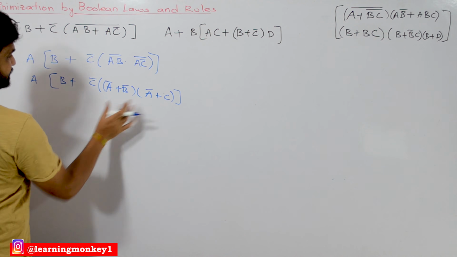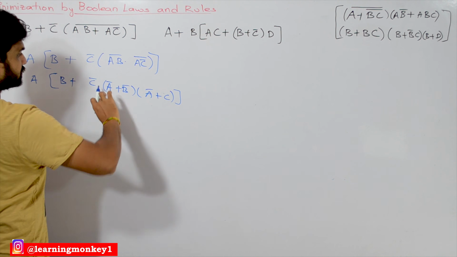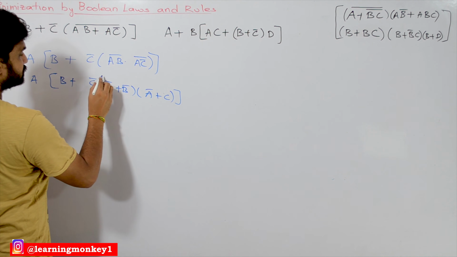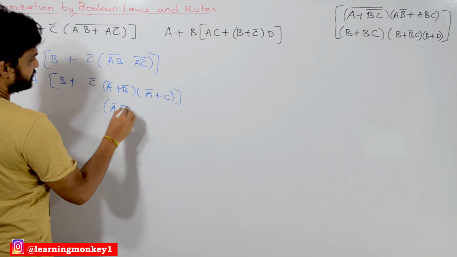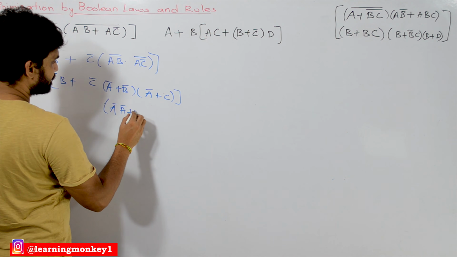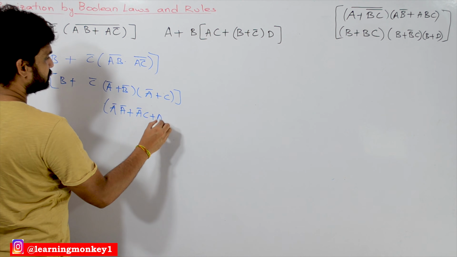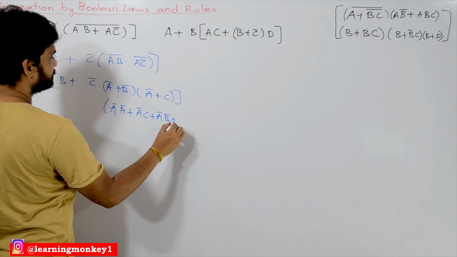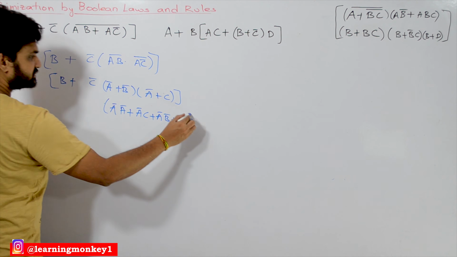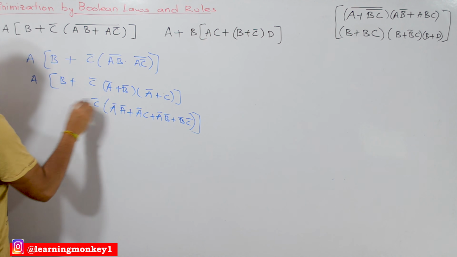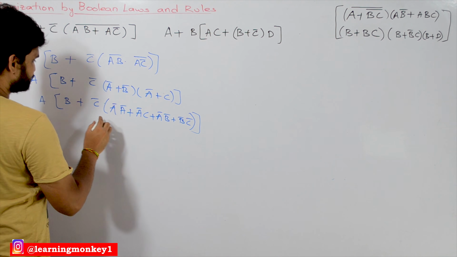Now we are going to expand this part. After expansion, it is A complement plus A complement C plus A complement B complement plus B complement C complement. This is the expansion, and now we are going to multiply this with this.